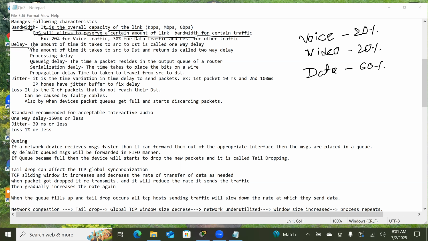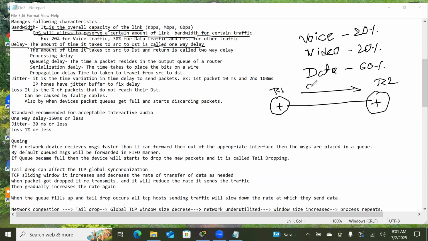Next, we have to maintain the delay also. We have a lot of delays here. The amount of time it takes from source to destination is called one-way delay. Let's suppose we have these two routers, and whatever time it takes to send the data from R1 to R2, this is called one-way delay.